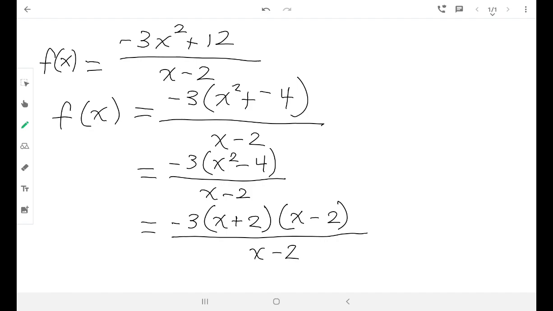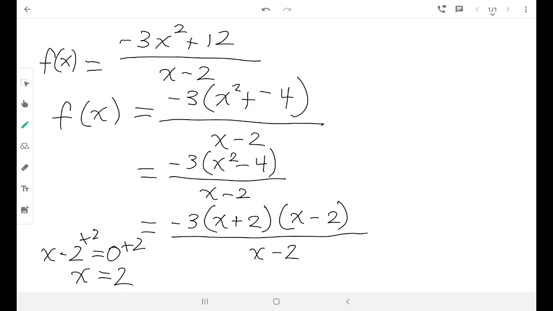So before I start talking about the cancellation that goes on, let me make a note. Look down here, and you might look at this and go, okay, there's a vertical asymptote right there. If I do x minus 2 equals 0 and add 2, I get x equals 2, so it looks like there's a vertical asymptote there.